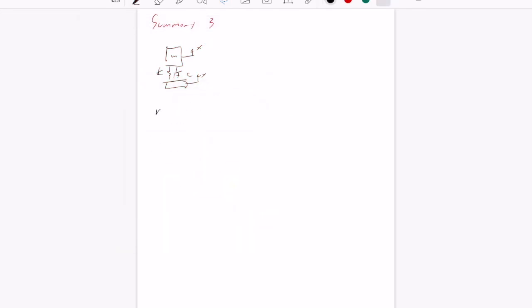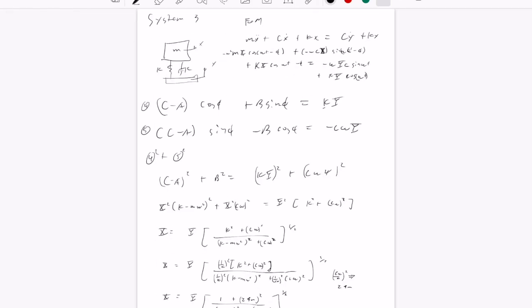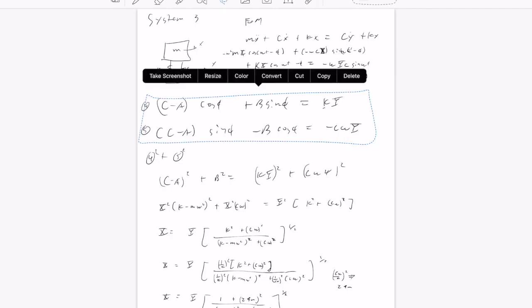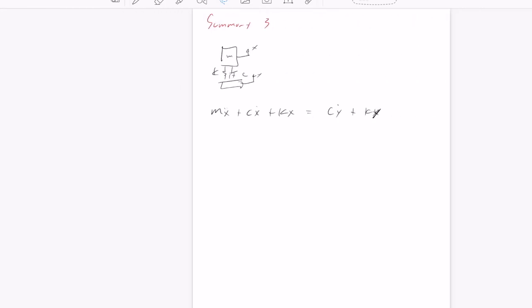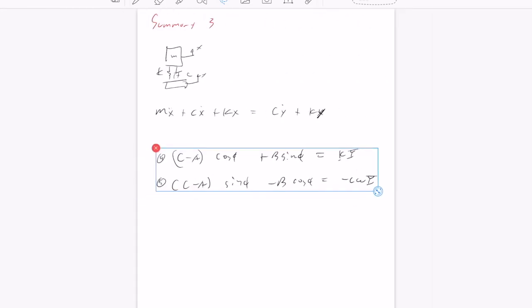Okay, our equation of motion is m x double dot plus c x dot plus k x is equal to negative omega c, just leave it, c y dot plus k y. Our simplified intermediate steps is that.